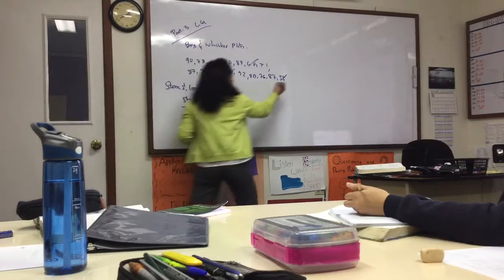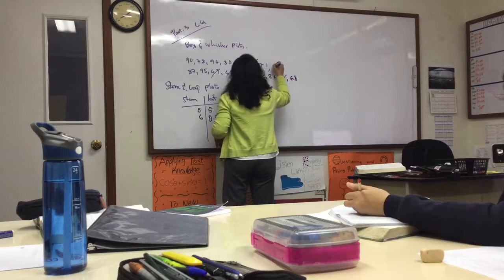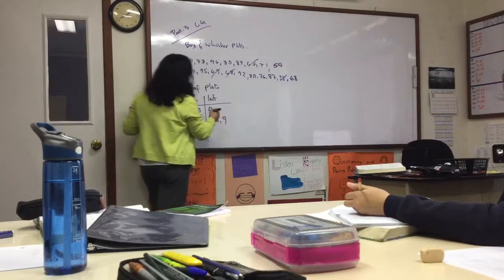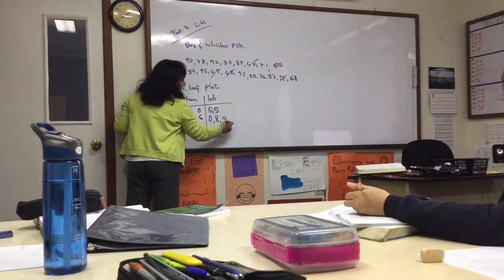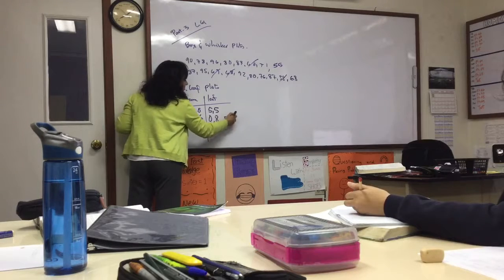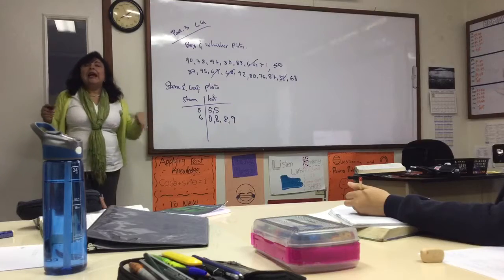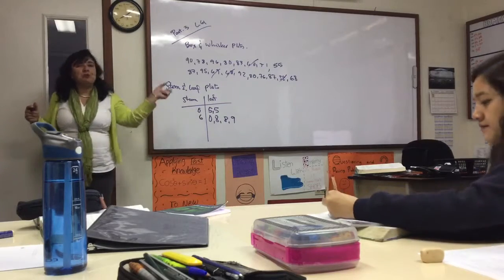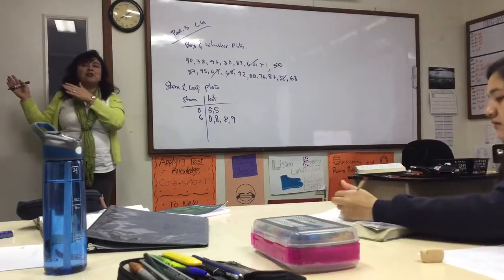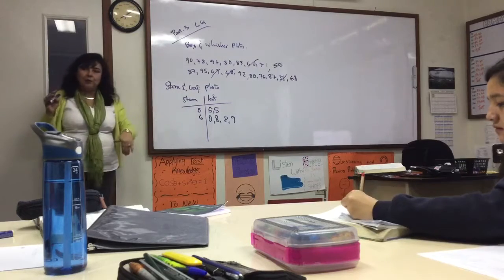If there were another 68, for example, and another 55, then I would do it in order. They suggest you just put them as you find them first, and then you put them in order.